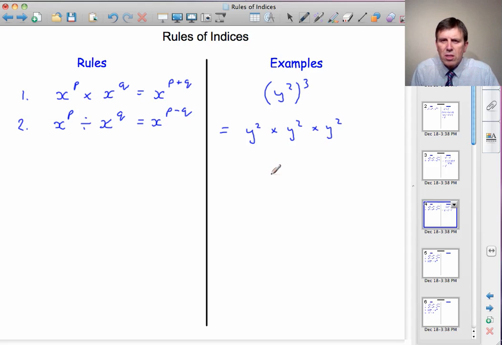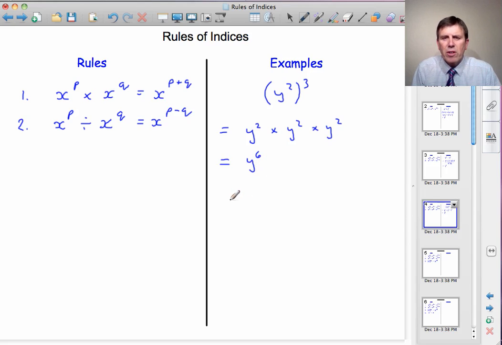So this has to be consistent with our first rule. And our first rule tells us that y squared times y squared is y to the 2 plus 2, which is y to the power 4. Then when we multiply y to the power 4 by y squared, again by our first rule, we get y to the 4 plus 2, which is y to the 6. So for consistency, we require this answer to be y to the 6.